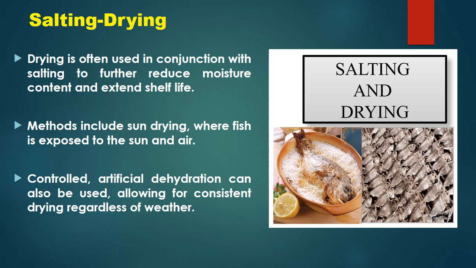Methods include sun drying, where fish is exposed to the sun and air, after salting. Sometimes we can use controlled or artificial dehydration, allowing for consistent drying regardless of weather. If sun is not available after curing, we can dry them in the oven.